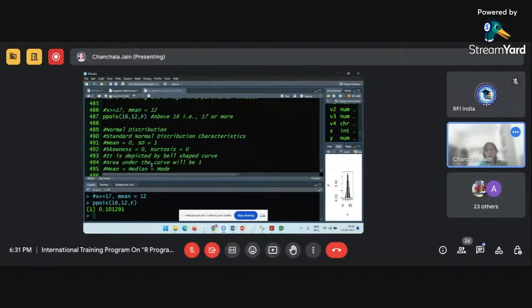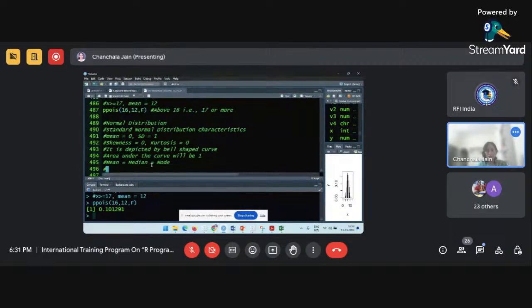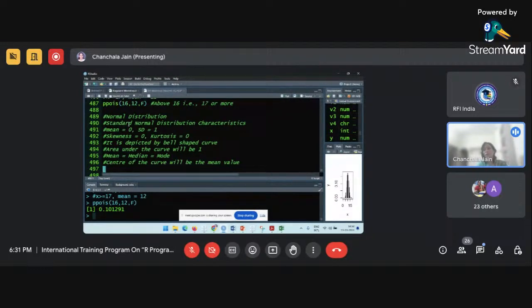And the center of the curve will be the mean value. Usually these are a few of the basic characteristics of the standard normal distribution curve, right?